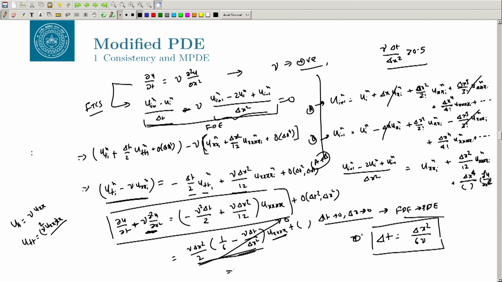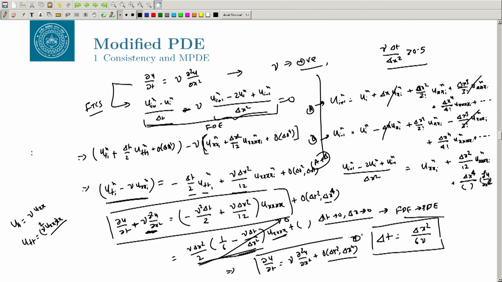And you will get an equation in which the spatial discretization is order of delta x to the power 4, right. So, you will get an equation which is del u by del t equal to nu del square u by del x square plus order delta t square and delta x to the power 4, right.